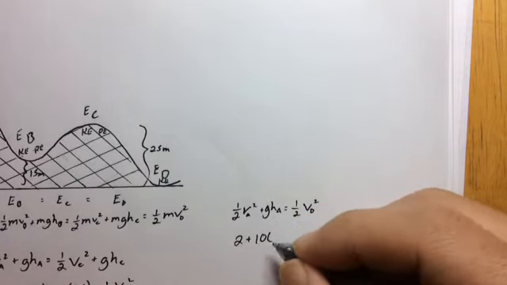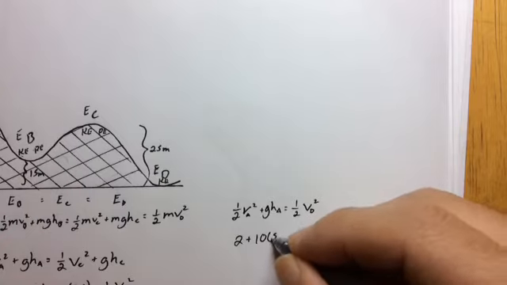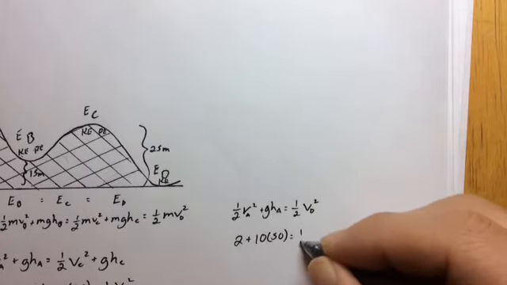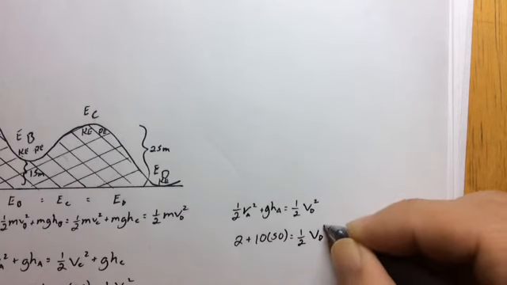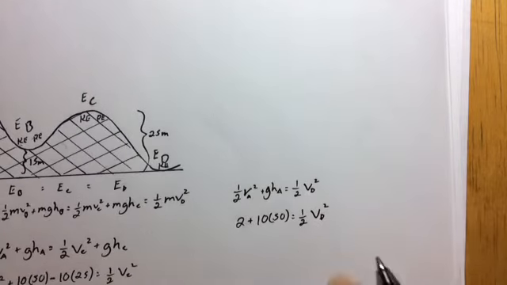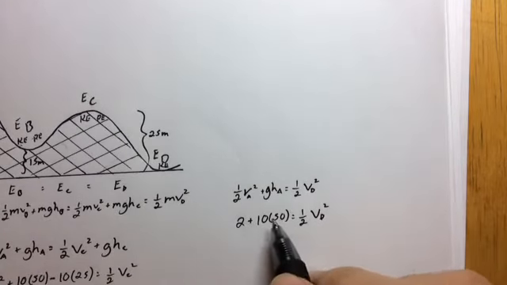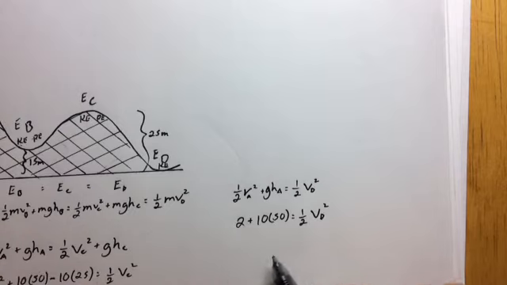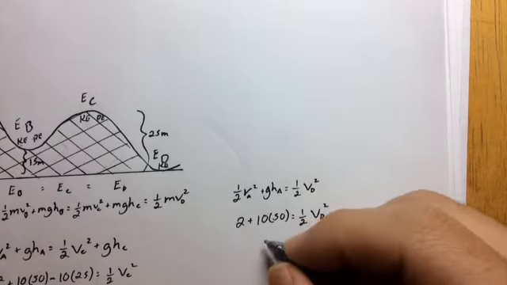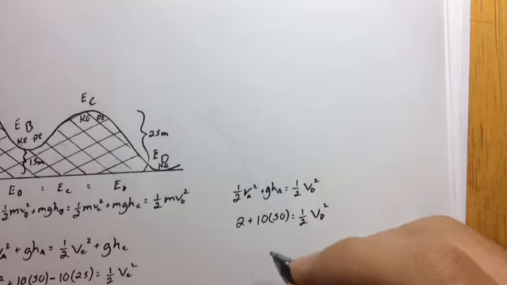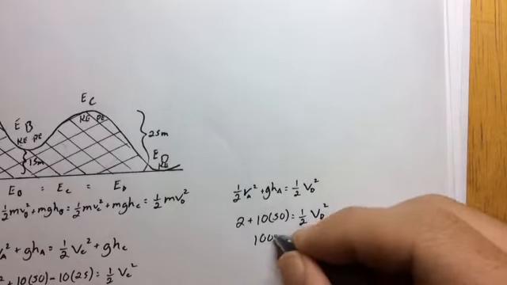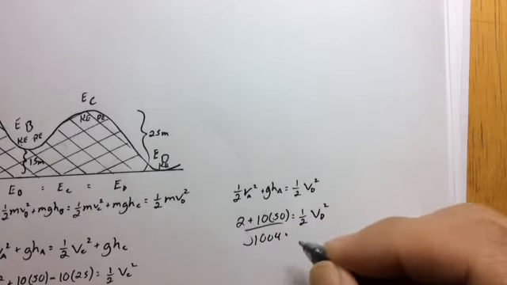Plus 10 times the height at A, which was 50, and that equals 1/2 the velocity at D squared. Well, what is this? 50 times 10 is going to be 500. 500 plus 2 is going to be 502. We're going to multiply that by 2, so 502 times 2, so 1,004, and we're going to square root that.